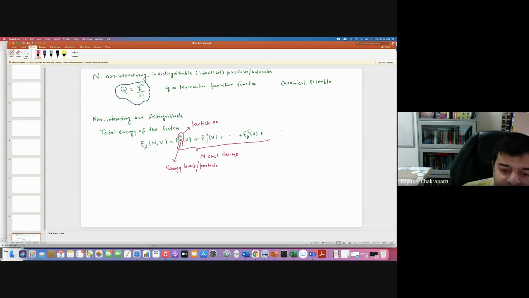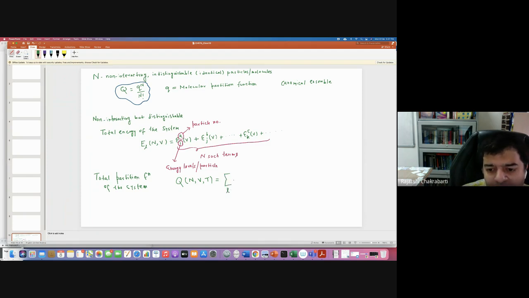And the total partition function of the system at that temperature, how would I write it? Of course, for the total I use the notation capital Q. All are canonical partition functions.